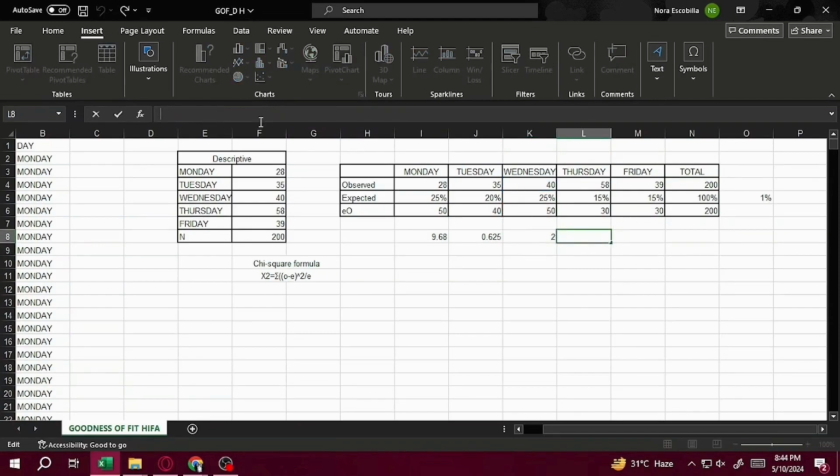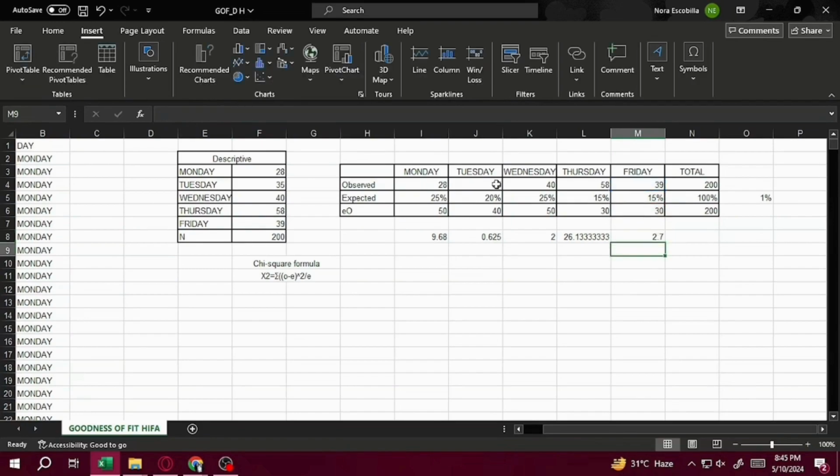So for the Thursday, we've got 58 minus 30, squared, divided by 30, and the result is 26.13333, and so on. And for the Friday, we've got 39 minus 30, squared, divided by 30, and we've got 2.7.